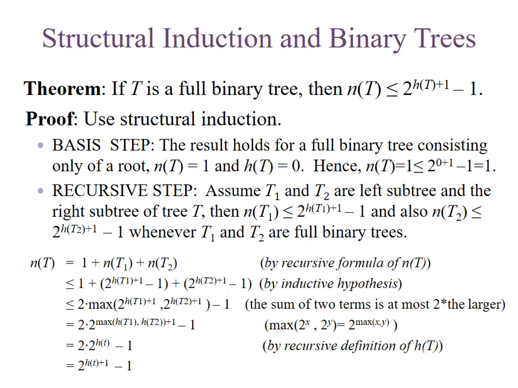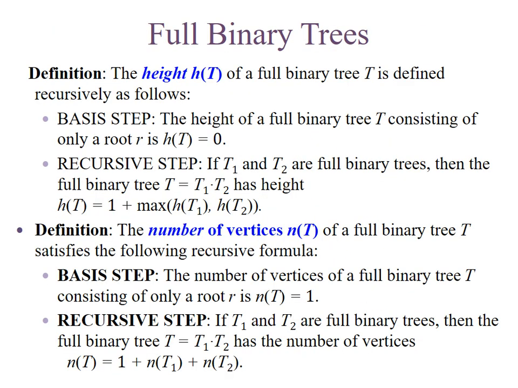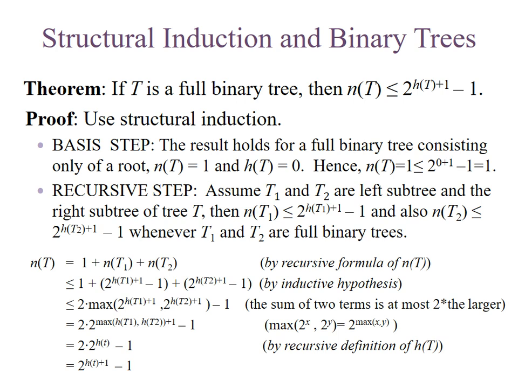Okay, so once we have these two definitions, next let's see an example of how we apply structural induction with this definition. This is a theorem. If T is a full binary tree, the number of vertices of this tree T is less than or equal to 2 to the power of the height of the tree plus 1, minus 1.